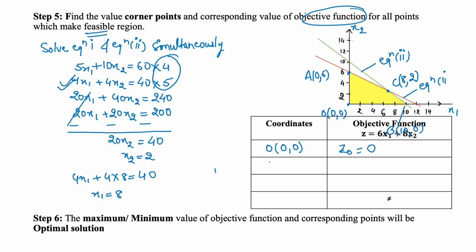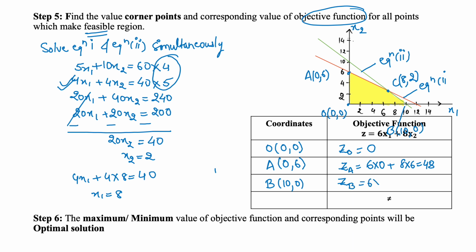The second coordinate is A, where x1 is 0 and x2 is 6. Put this in my objective function. It will be 6 into 0 plus 8 into 6, so my objective function value is 48. Now for point B, I will again calculate my objective function value.